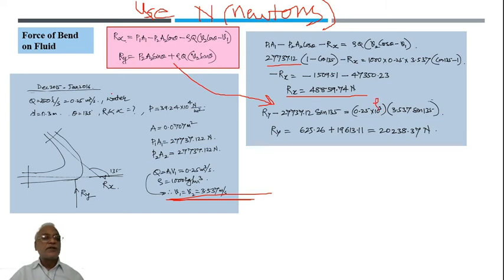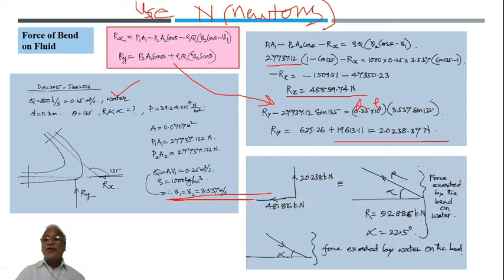The order is changed slightly, take care. Rho into Q into V2 sin theta. V2 is the same velocity we have, sin 135. Now if you simplify, you get this value.